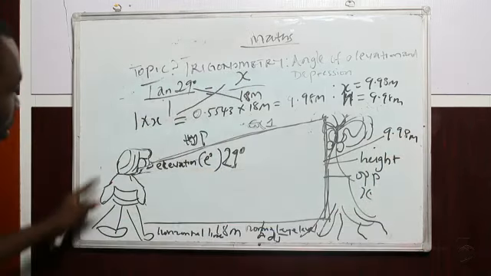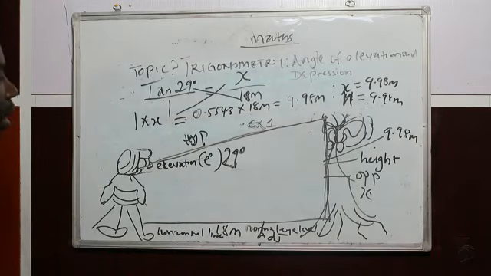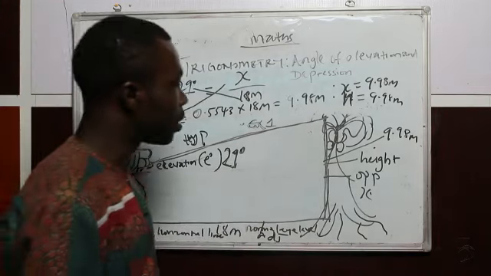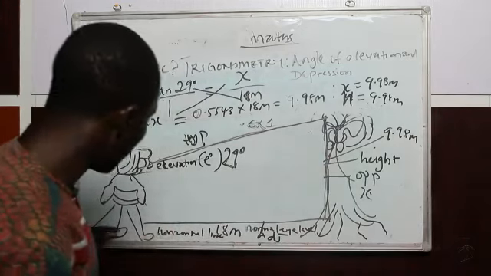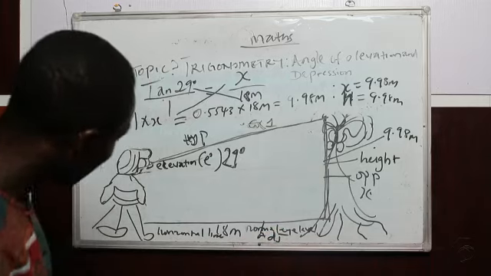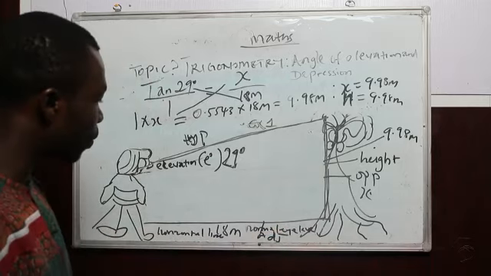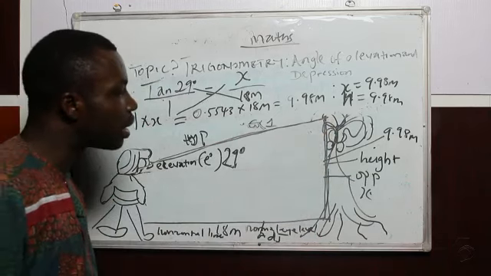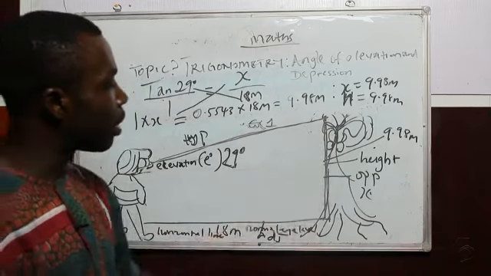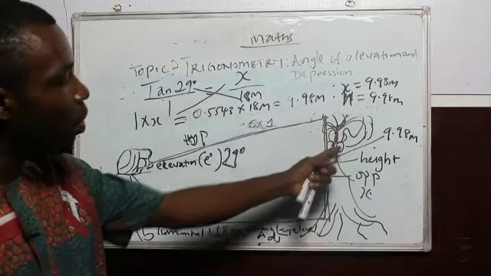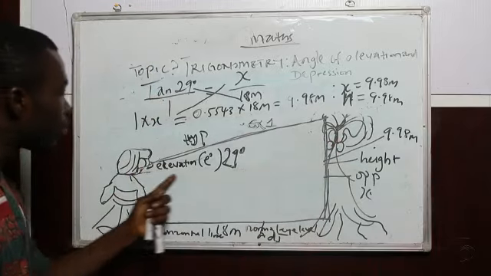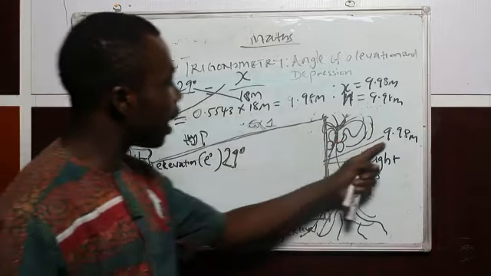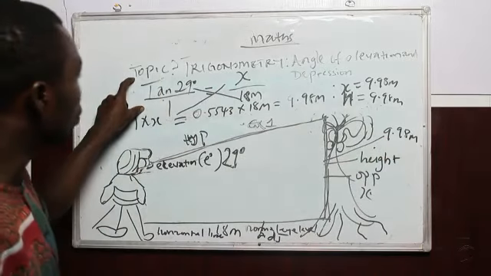So the diagram has already justified the answer. This is the tree and this is the foot of the man as he was walking 18 meters away from the foot of the tree, looking at a ripe fruit. This is the angle of elevation, and for the height we are going to use TOA.